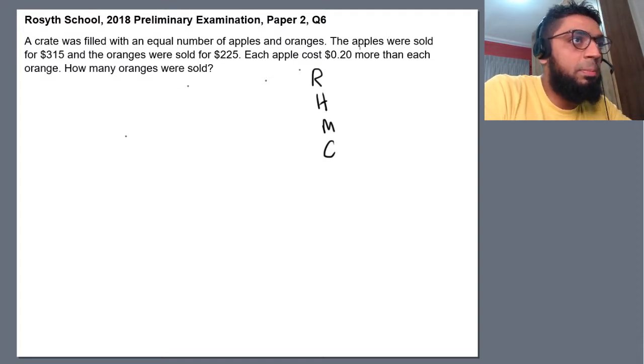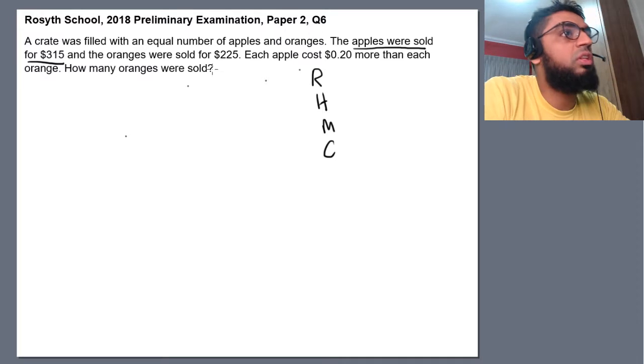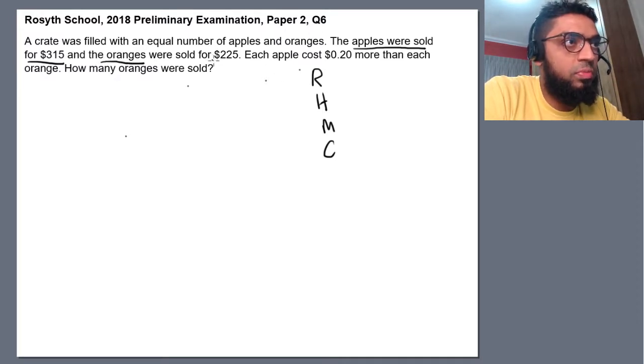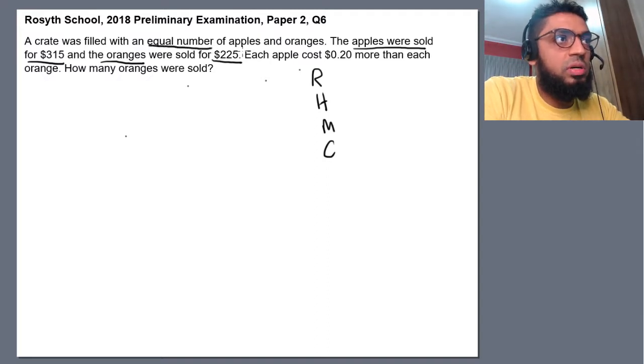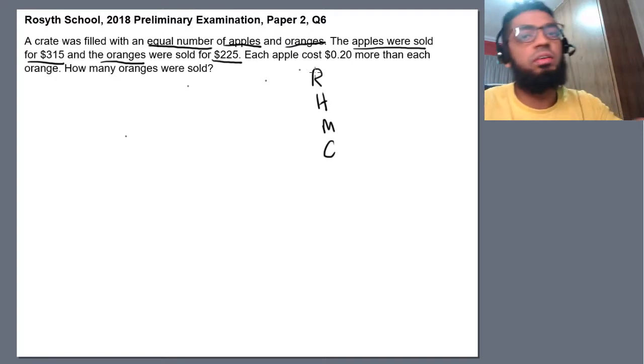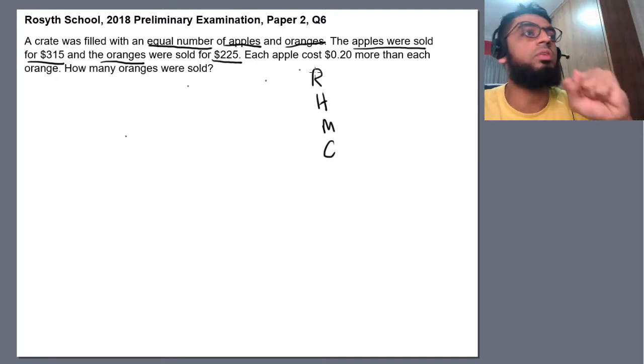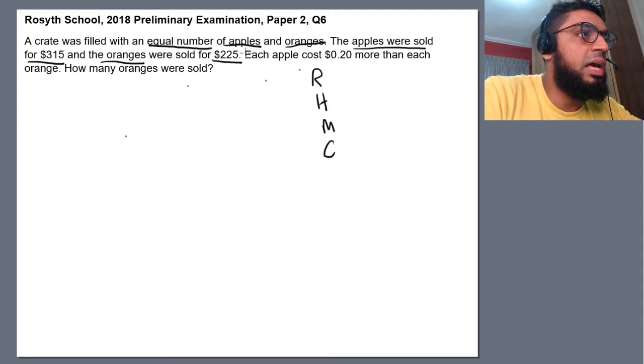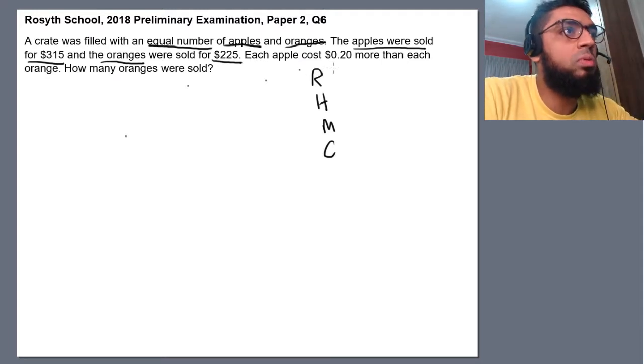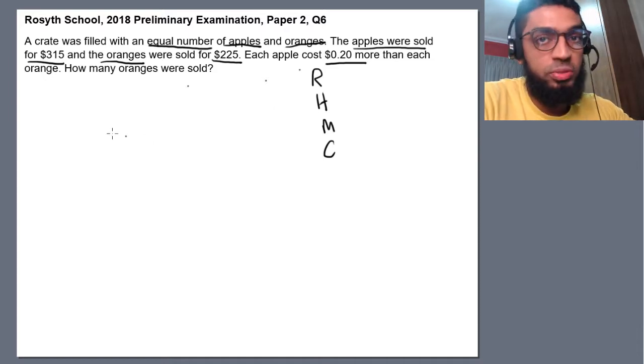Alright, so the key points here are that the total amount of apples sold was $315. The total amount of oranges sold was $225. And also, there is an equal, same number for apples and oranges. So again, if there are 5 apples, there will be 5 oranges. And the last statement before the question, each apple costs 20 cents more than each orange.